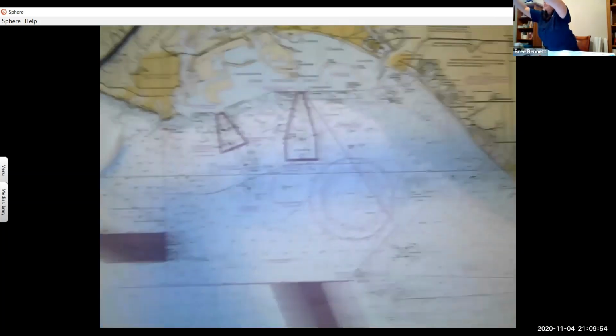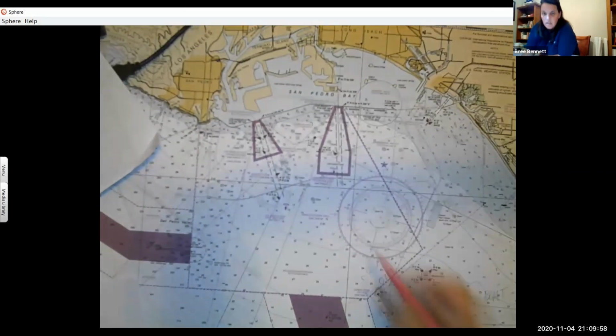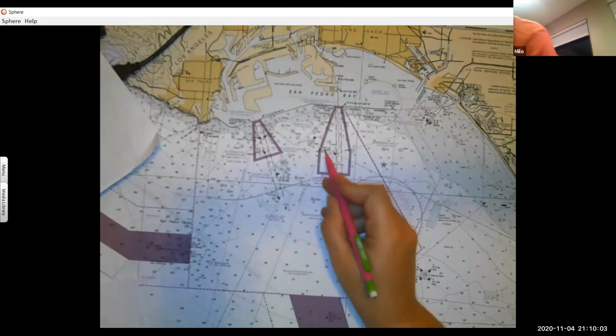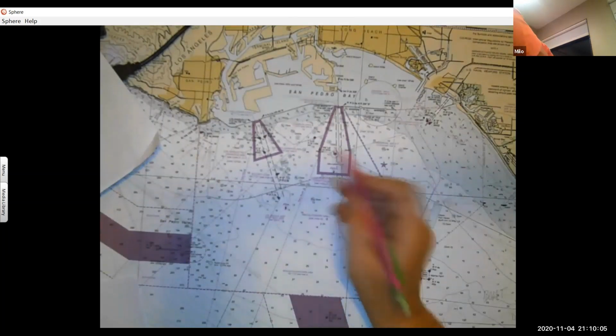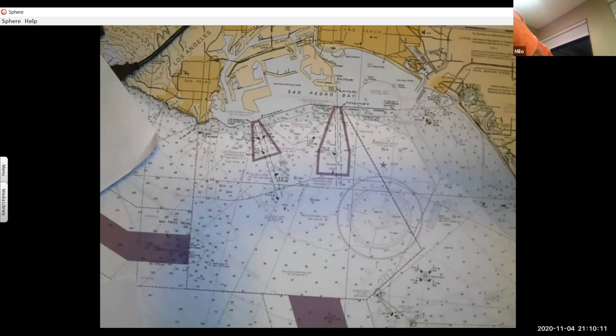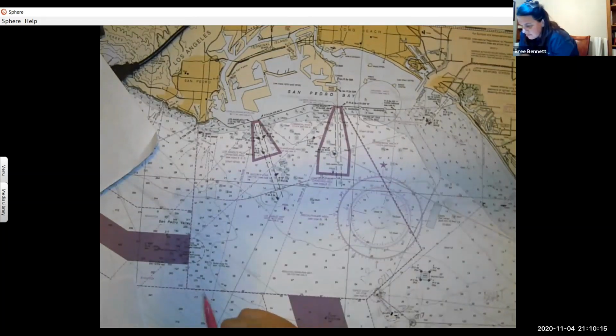See if we can zoom in on this. I got, let me see, looks like a flashing white light every 5 seconds, 50 feet above the mean high water tide mark. Can be seen for 14 miles, and it's got a horn.